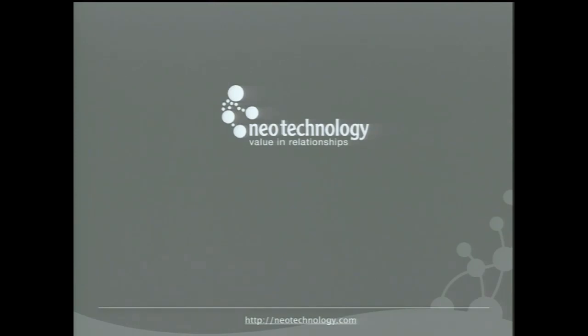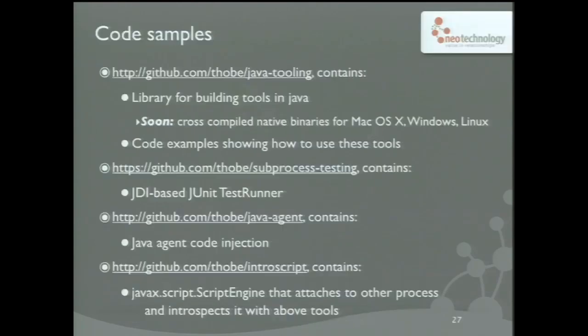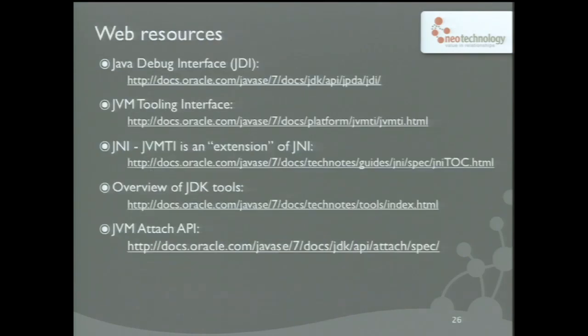What did you want to look at on the slide? Yeah. So here are the links to the code samples. They're all under my GitHub account. And here are references to the API documentation of the APIs that I've used.